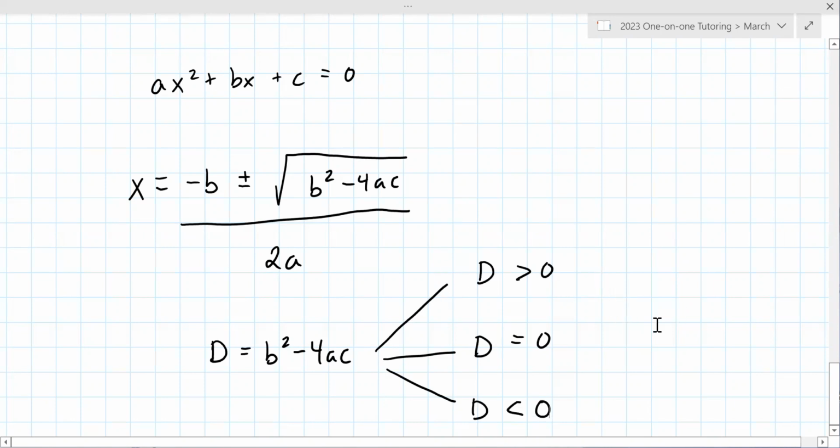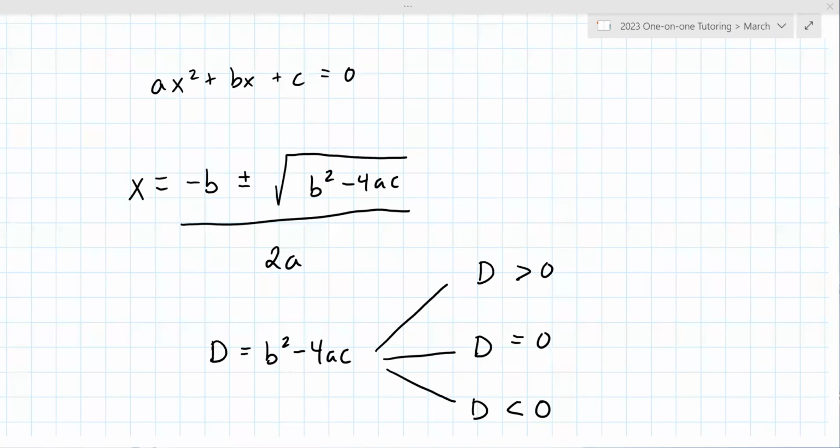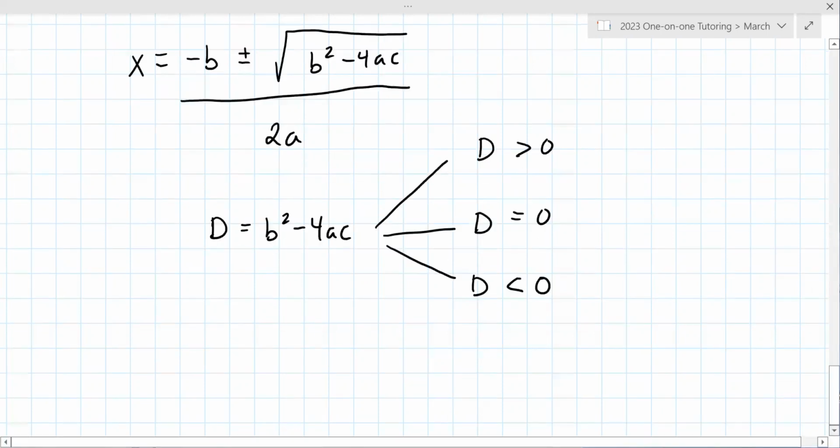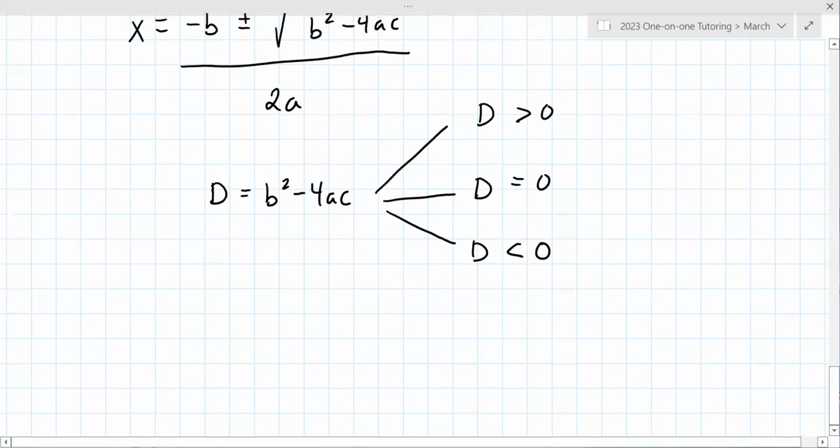Now this leads to 3 main cases, and then there are sub cases. I'll just do it even if you don't see this in class. So case 1 is the discriminant is greater than 0.